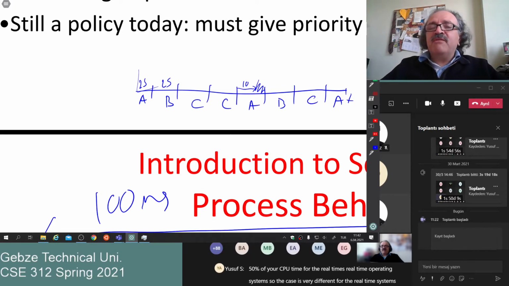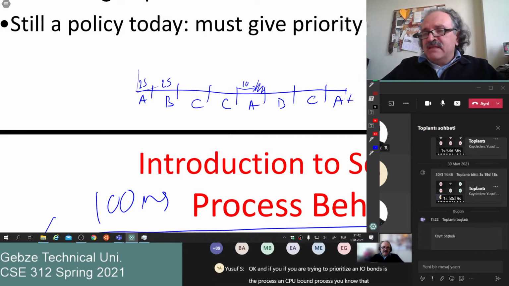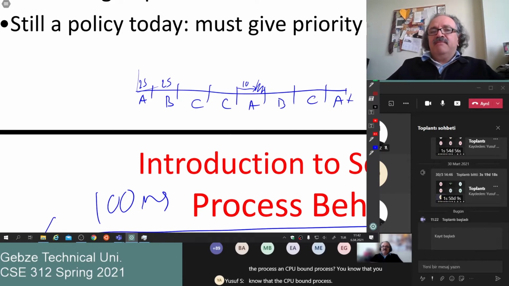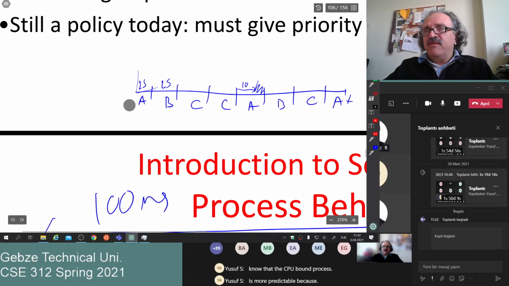If you have priorities in real-time systems, and you are trying to prioritize an I/O bound process and a CPU bound process, you know that the CPU bound process is more predictable, because anytime it starts, it has to finish in 25 milliseconds.